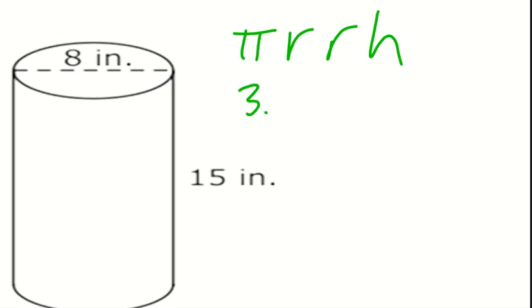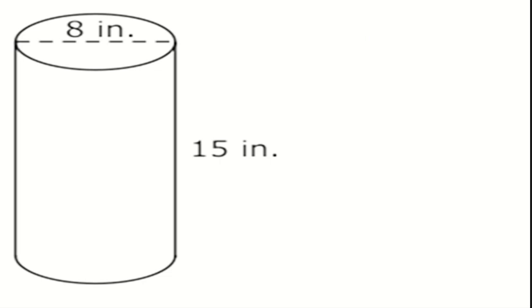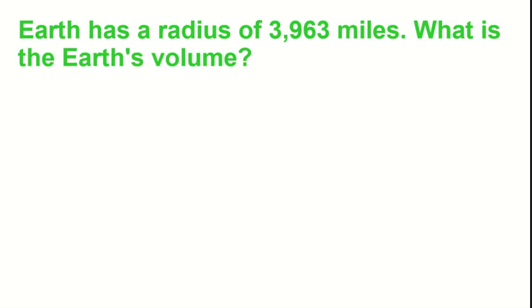So we got 3.14 times 4 times 4 times 15, and that gives us 753.6. Everybody good on that? All right, so those are the 3 shapes. Hopefully, if you didn't remember them, you wrote down those formulas. All right, so let's give this one a try.